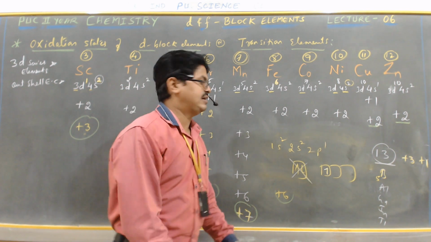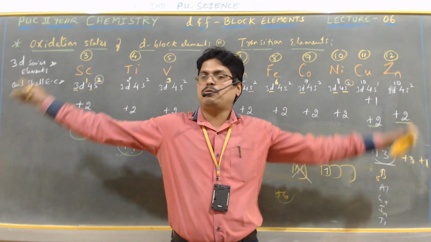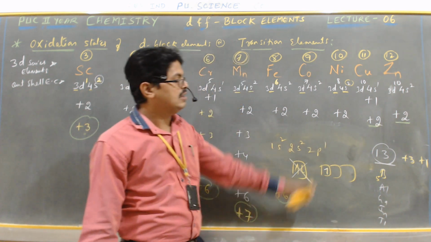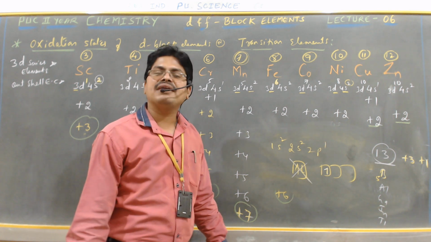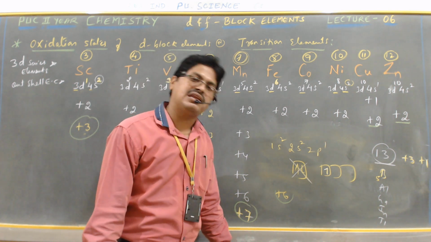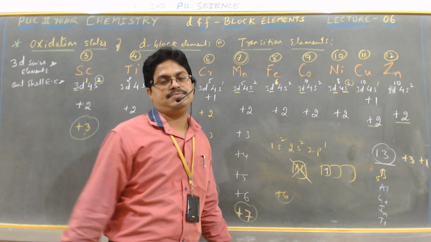Similarly, another point. When you compare D block elements with other block elements, for example with P block elements, the heavier members in case of P block elements are stabilized by lower oxidation state.